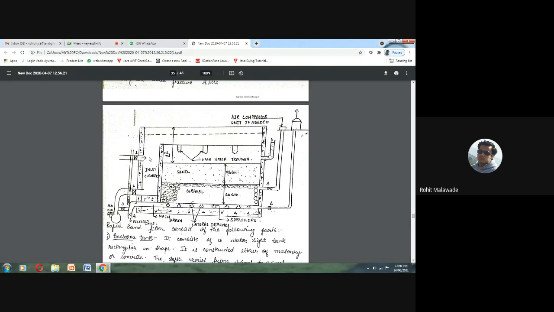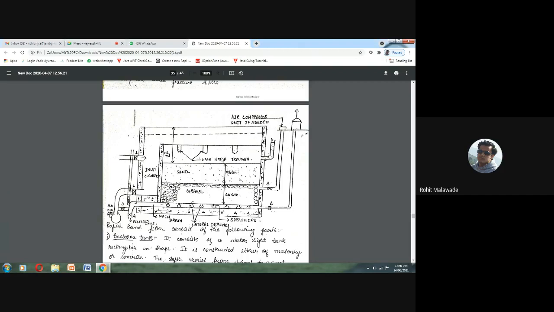So only one is open, 2 and 3 are going to be closed, and 5 and 6 are going to be closed. Only valve number 1 is going to be opened, then the water will pass through it. Valves 1 and 4 will be just opened in the case of your rapid sand filter. Remaining all, during the filtration process, 2, 3, 5, 6 will be closed.